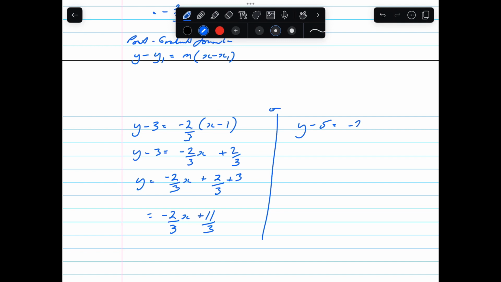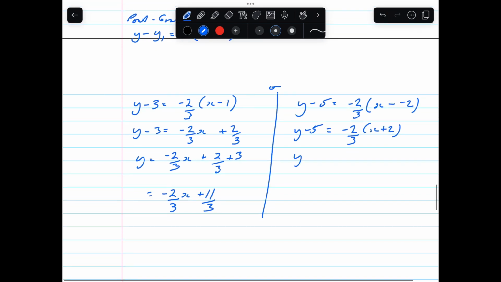So y minus 5 equals negative 2/3 of x minus negative 2. And again, we'll expand out the bracket. Negative 2/3 x. Oh, I'm going to fix that negative sign first, and then now we'll expand out the bracket.